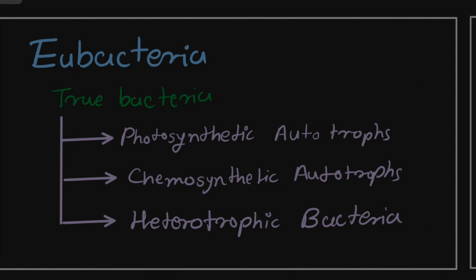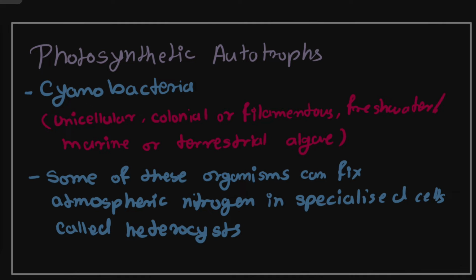Then second part in kingdom Monera, that is eubacteria, which are the true bacteria. These are classified into photosynthetic autotrophs, chemosynthetic autotrophs, and heterotrophic bacteria. Photosynthetic autotrophs are cyanobacteria: unicellular, colonial or filamentous, freshwater, marine or terrestrial algae.